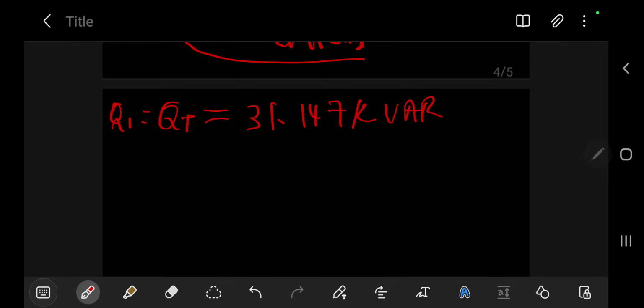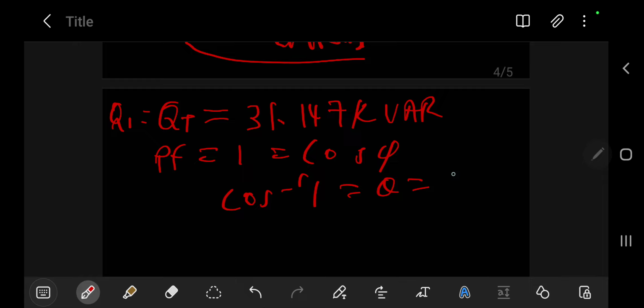So now the question reads, we want to raise this power factor to unity. So a power factor of unity means just equal to 1, but we know that power factor is just cosine of this angle. So if you take the inverse cosine of 1, you just get this angle to be 0.